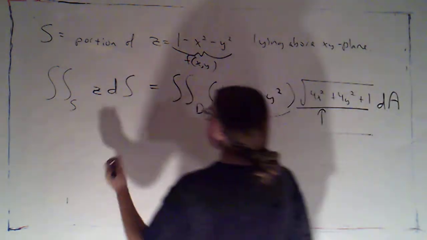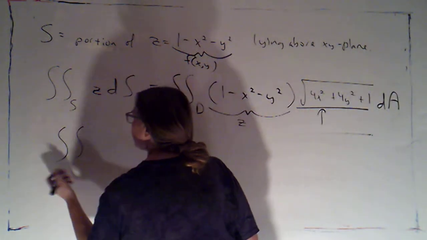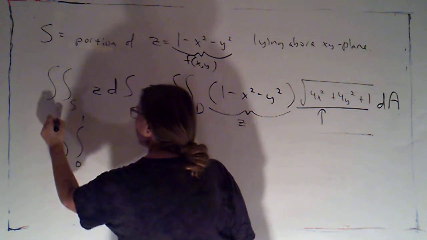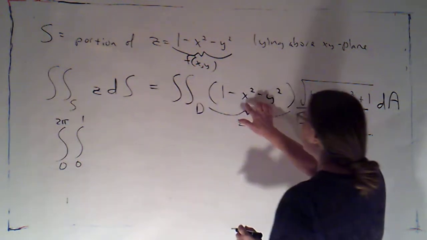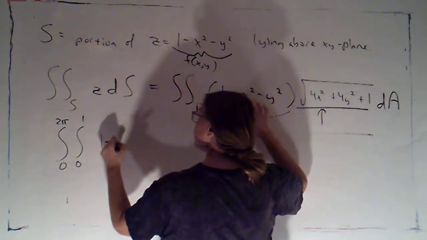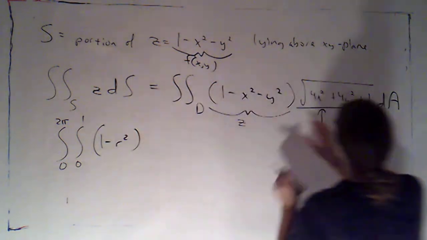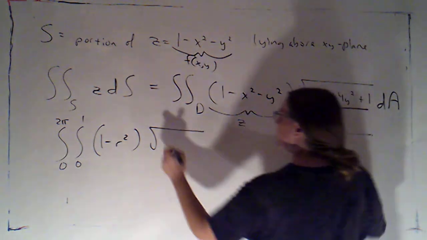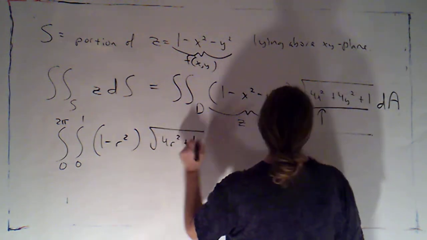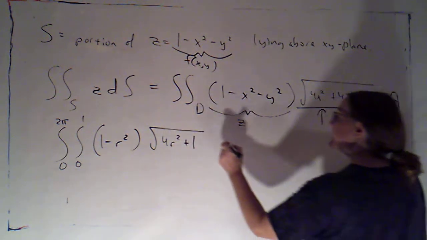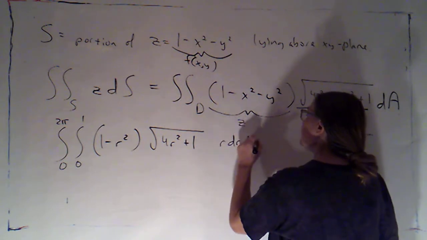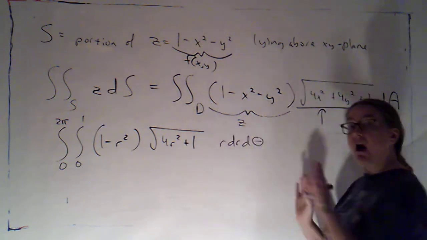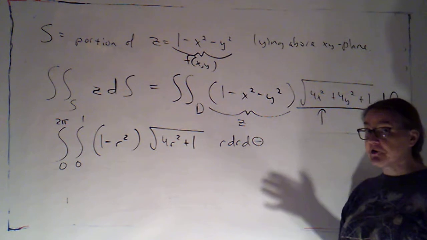So this is going to become, let's see, since we're integrating over the unit disk, we're going from 0 to 1 and 0 to 2 pi. That's going to become 1 minus r squared. This is the square root of 4r squared plus 1, and then dA is r dr d theta. Here, r and theta were not my original parameters.